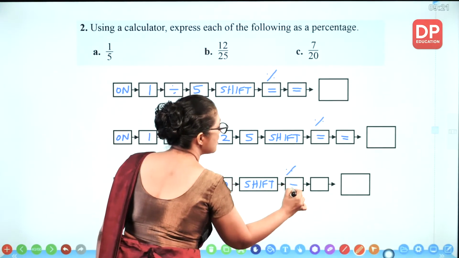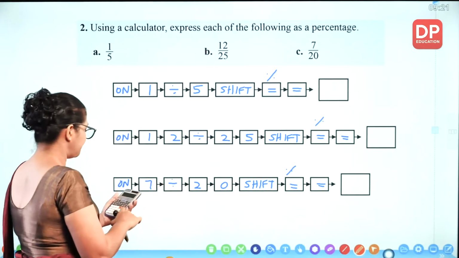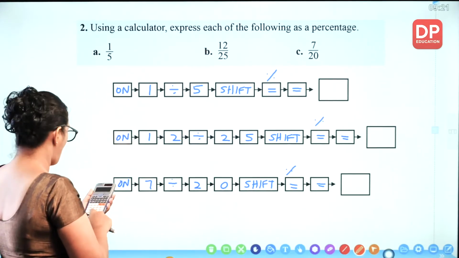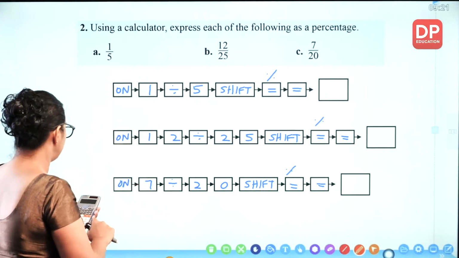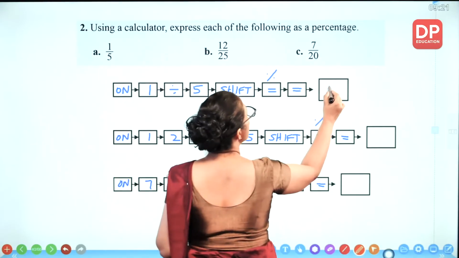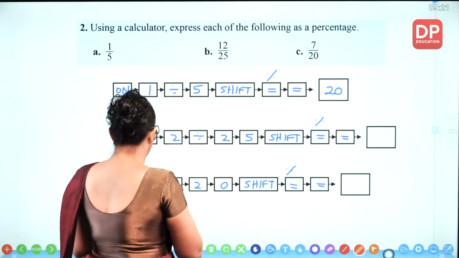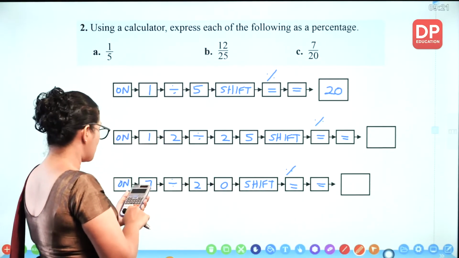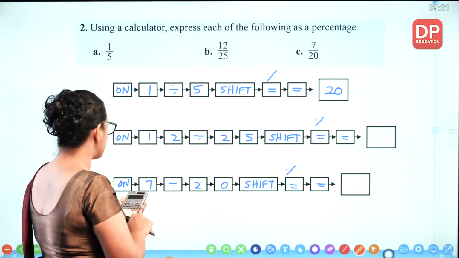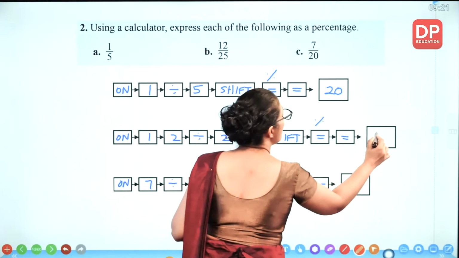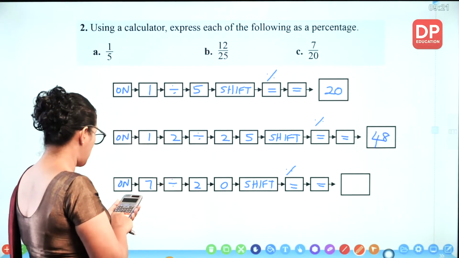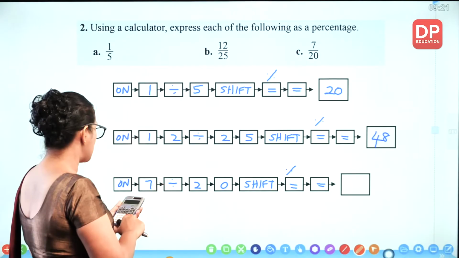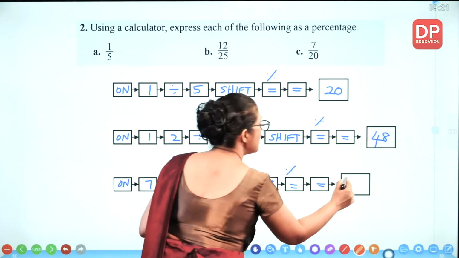Shift with percentage sign. 1 divided by 5, as a percentage, that's 20. 12 over 25, as a percentage, that's 48. 7 over 20 as a percentage, that's 35.